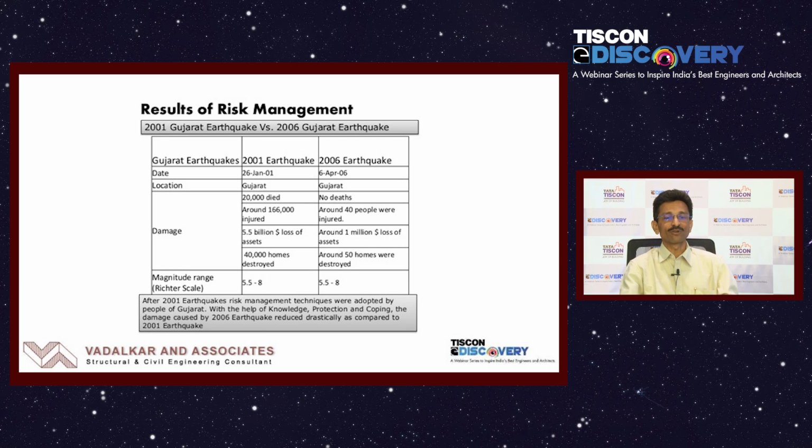The later earthquake also had a smaller magnitude, but the damage was much less, because we have learned some lessons, and some risk management techniques were adopted by people for designing structures afterwards. So knowledge is very important, and we have to apply it in practice to reduce the risk of damage and casualties. We have to learn, and we have to improve all the time.